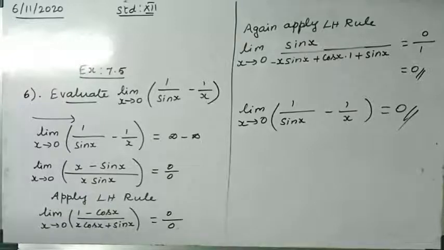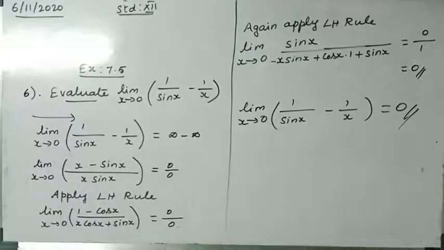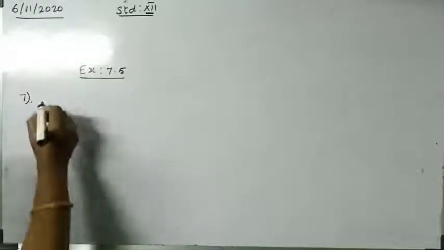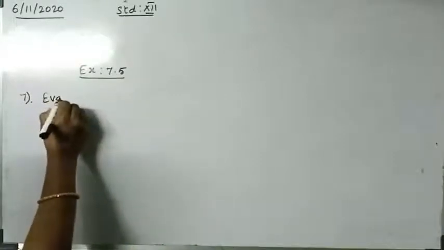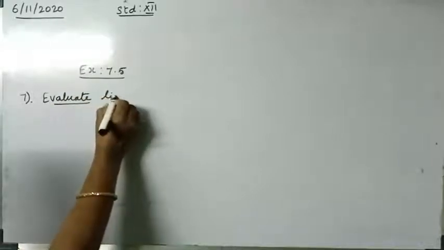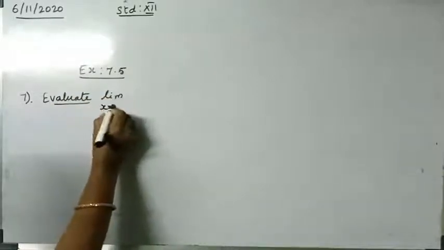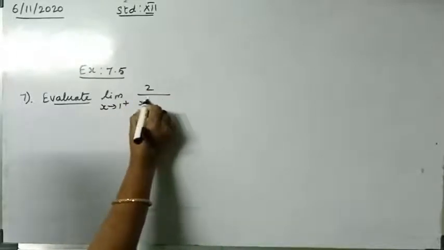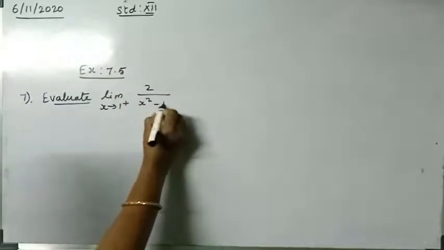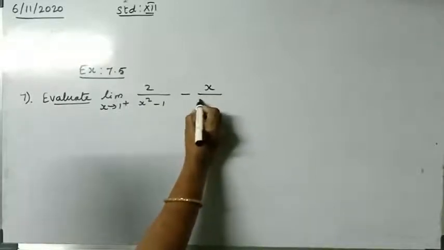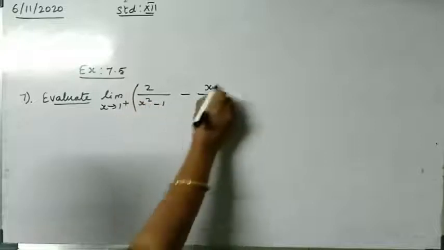Now question number 7. Evaluate the limit x tends to 1 of 2 by x square minus 1 minus x by x minus 1. This is the given function.